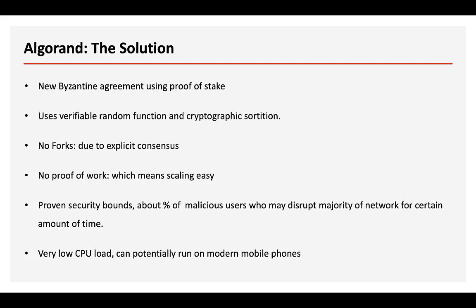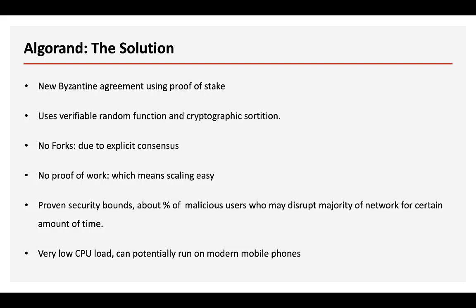So how do you select random participants from, let's say, millions of participants involved in this blockchain? They use a very clever idea called a verifiable random function, which is a combination of cryptography and the zero knowledge proof technique.